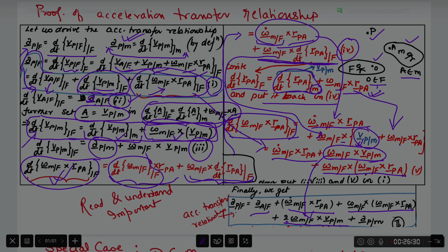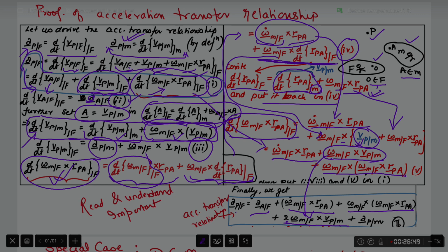So it is a very busy slide. I agree. Lot of processing is happening. I agree. We go back and forth trying to simplify things, substituting one thing by another.